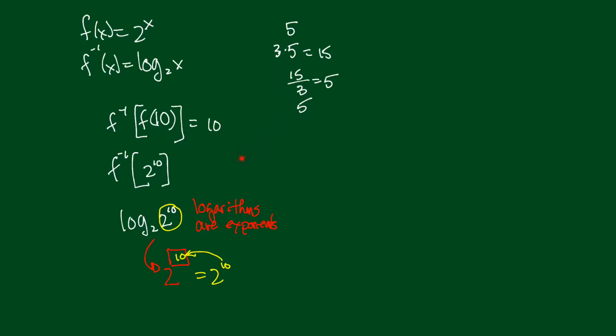Now that's the same thing here. I'm starting with 10, I exponentiate it, and then I undo the exponentiation using the log function. Just like multiplication and division are undo functions, just like addition and subtraction undo each other, now you have exponential and log undoing each other.